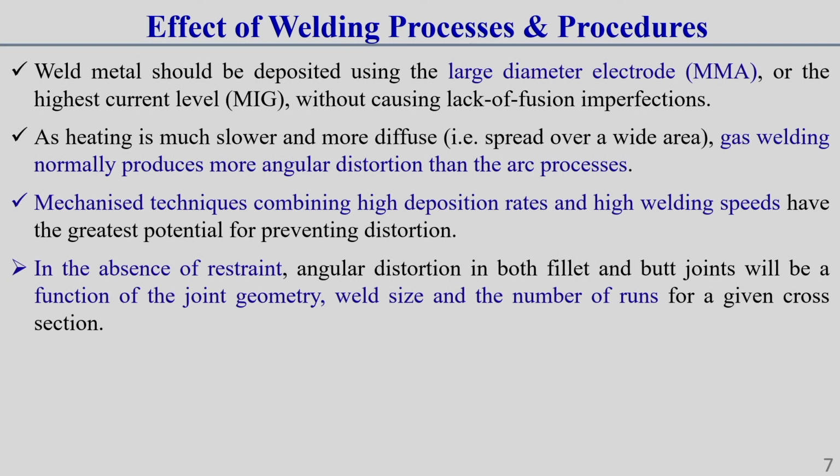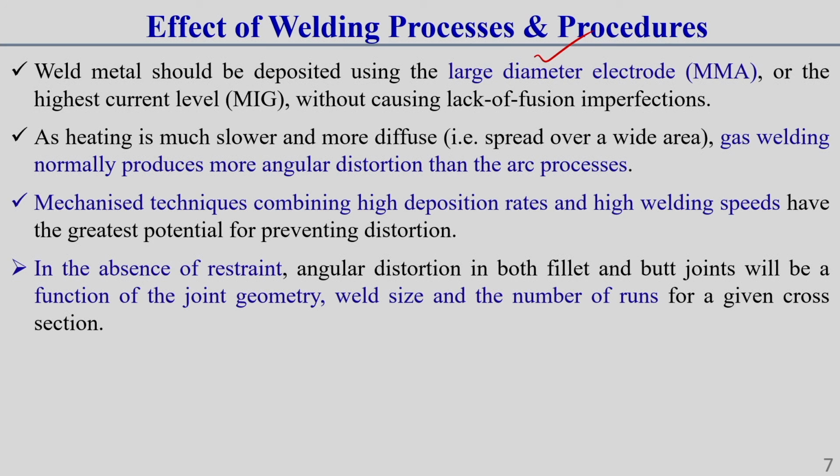Due to this less heat input, we will get less expansion and contraction, as well as less distortion. This you should keep in mind. That is why here I have written as large as possible, the diameter that gives less distortion, because it provides fewer runs.